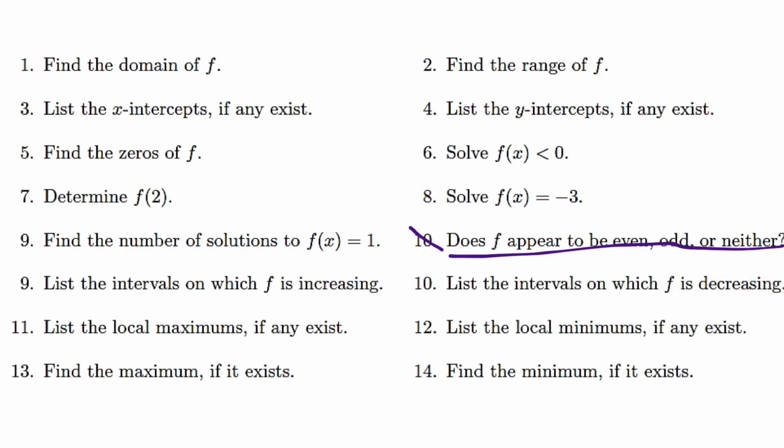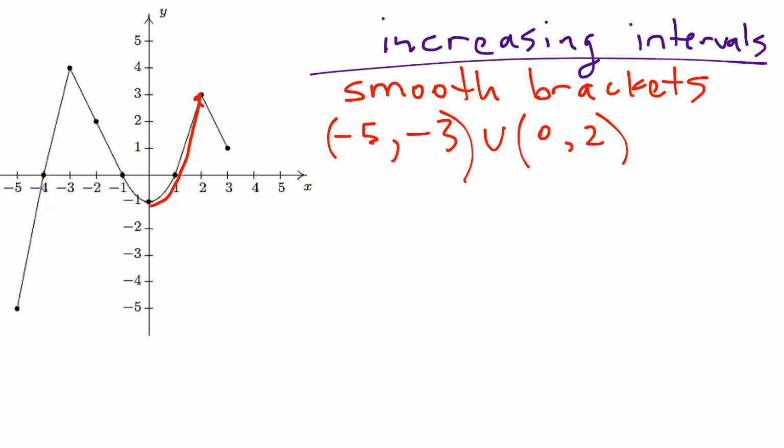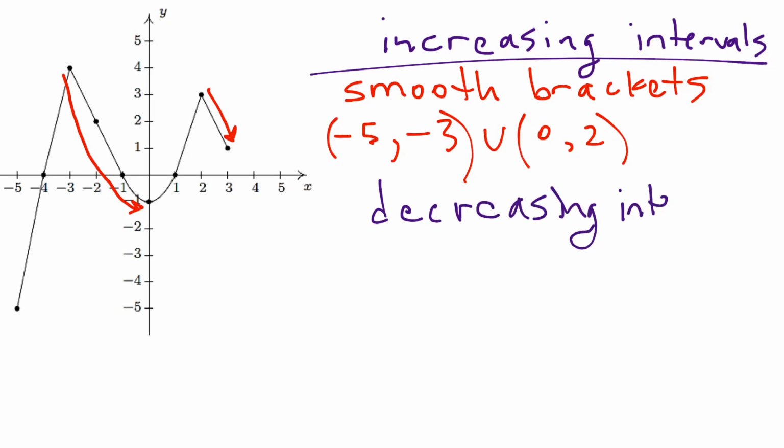Okay, so number 10 says list the intervals on which f is decreasing. So back to the graph. Let's find decreasing now: downhill, going left to right. So this is downhill here, and then downhill in this section here. So decreasing intervals: we've got an interval between -3 and 0, and between 2 and 3.